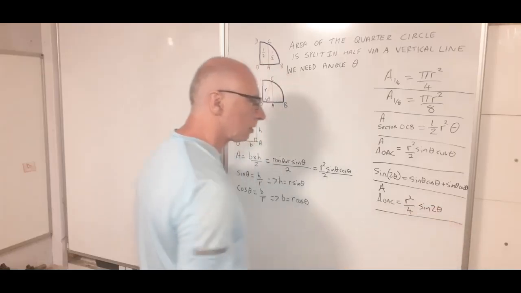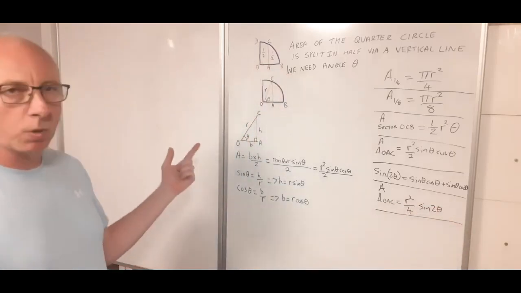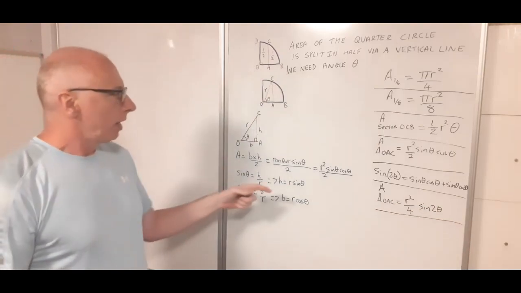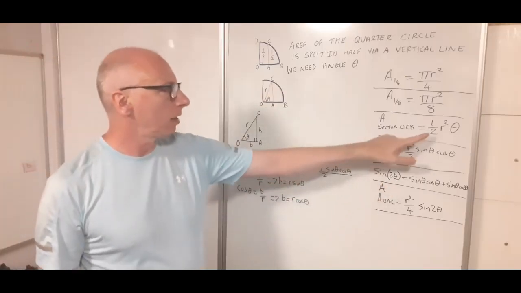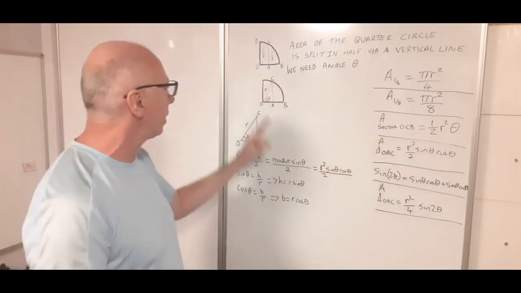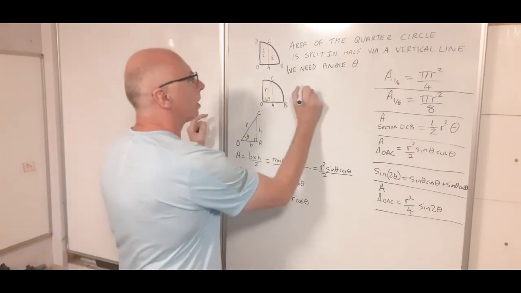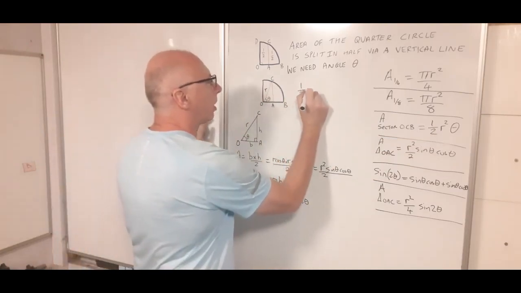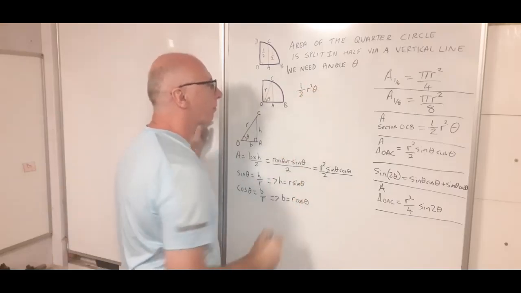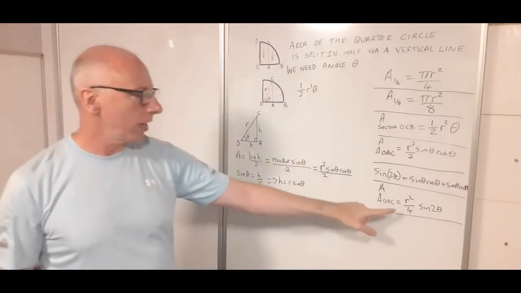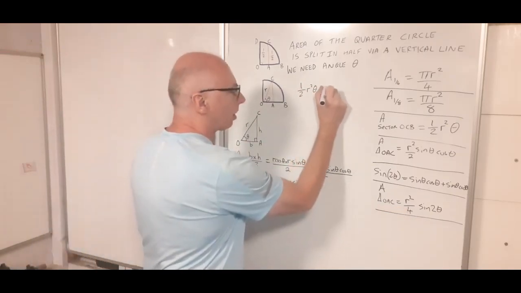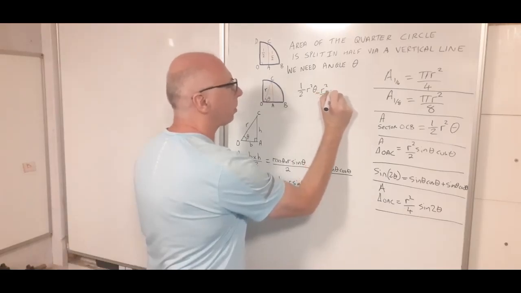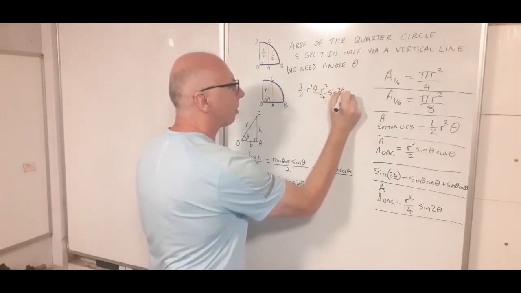And now I can make some kind of formula to work out what we've got here. I've got a sector, which is half r squared theta, so that's all of that. Subtract the triangle, so minus r squared over 4 sine 2 theta.